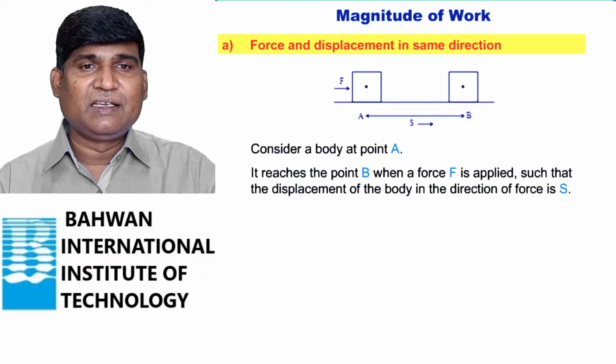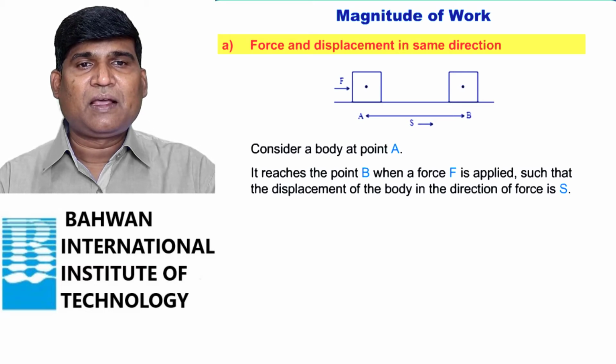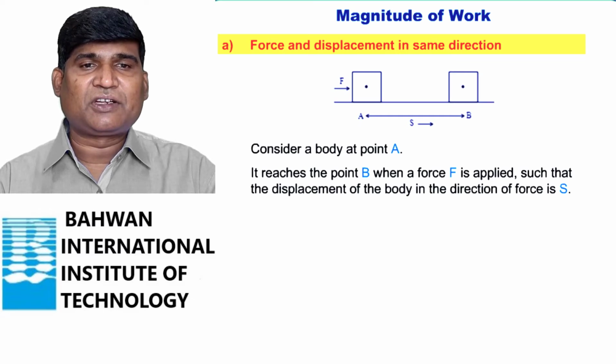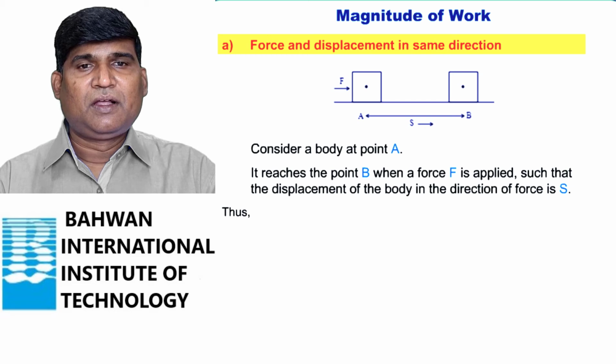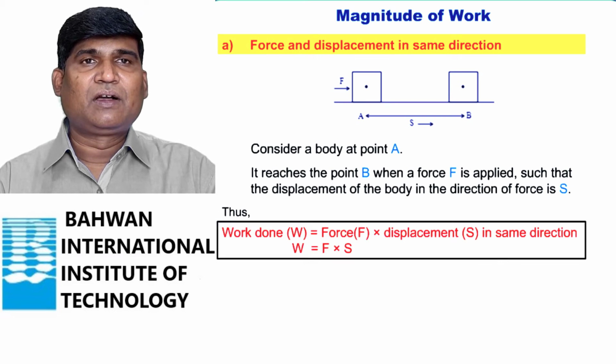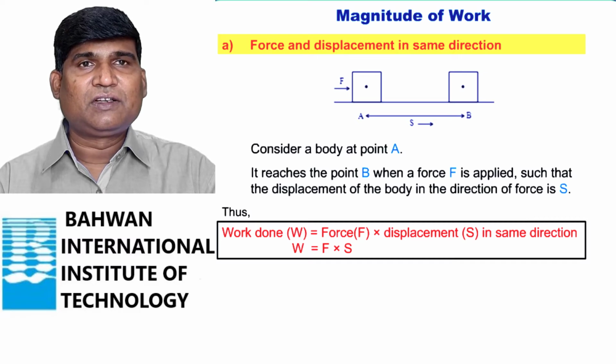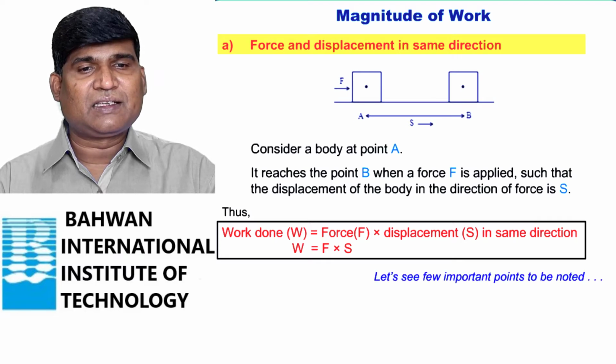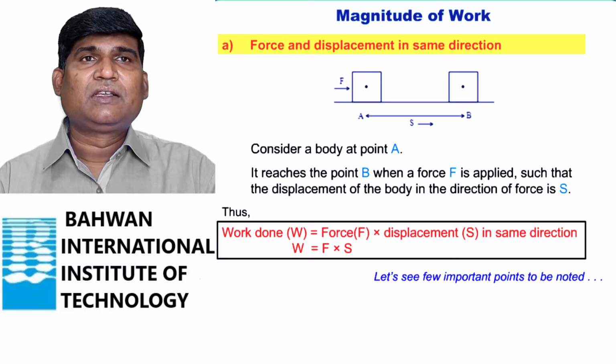You are able to see in this figure there is one body, and that body is initially at point A. We applied F amount of force, and because of that now body moved to point B. So the displacement of body in the direction of force is S. Now we can calculate work just by taking the product of that force and the displacement in the direction of force. That is what we learned yesterday, that is W is equal to F into S.